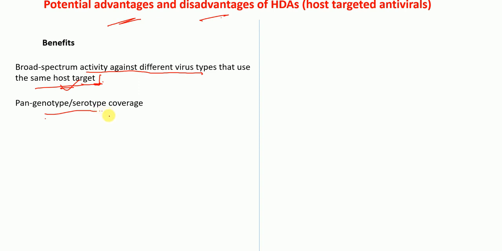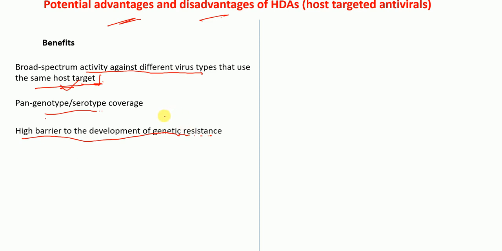Okay, so this is one benefit. Another benefit is that for different genotypes and serotypes, we can also use the same host-directed antiviral agents because they are also using the same host target.